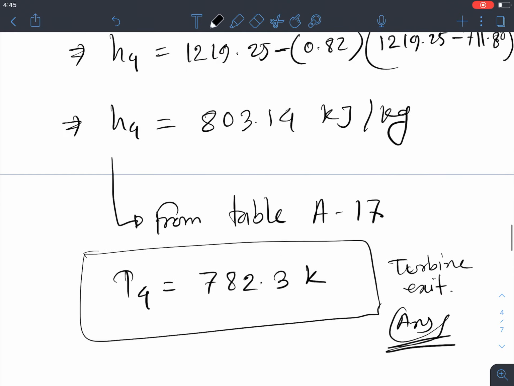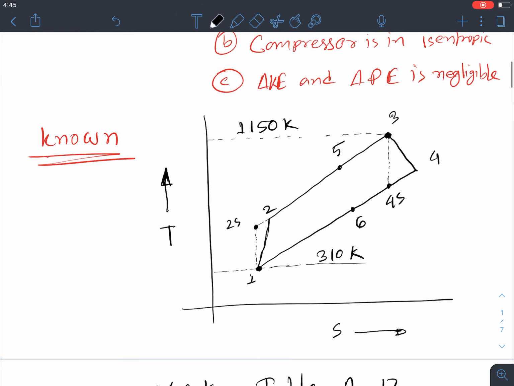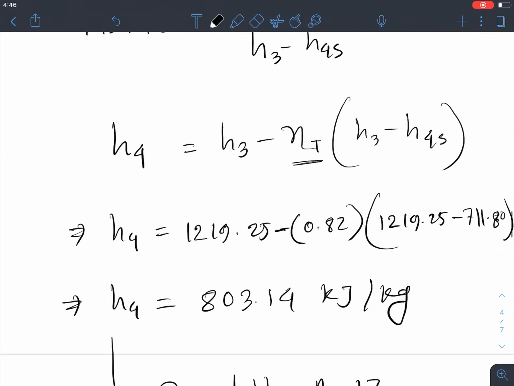So now we can determine the Q in of this system, right? Basically the Q in is happening here.